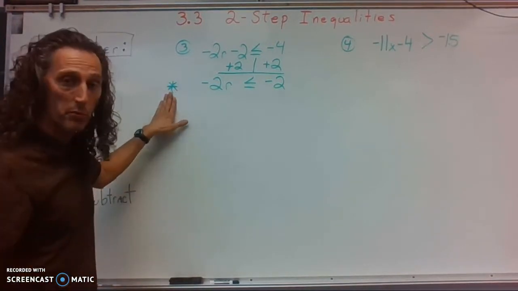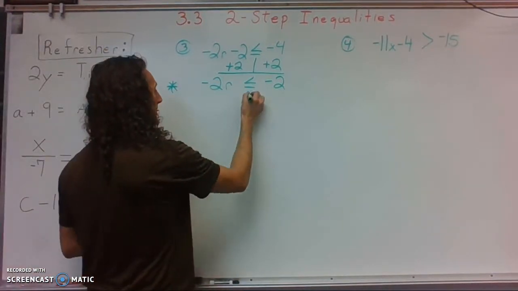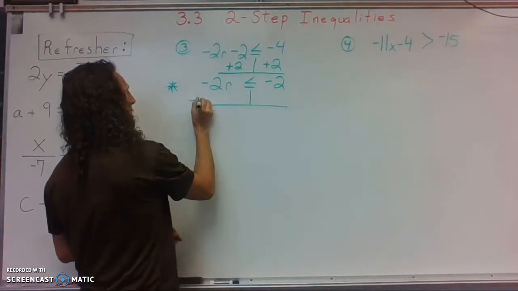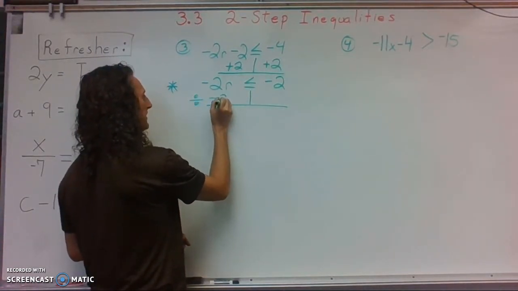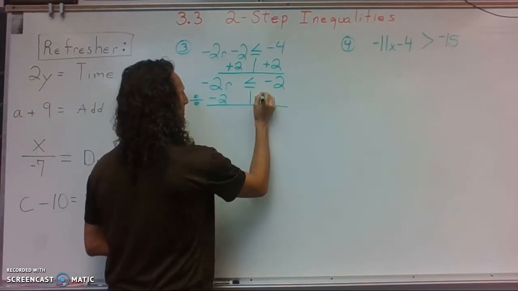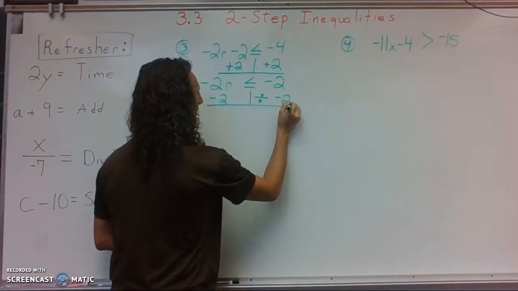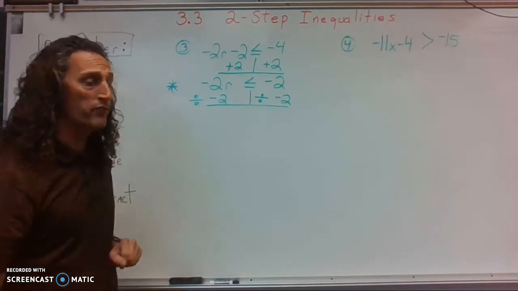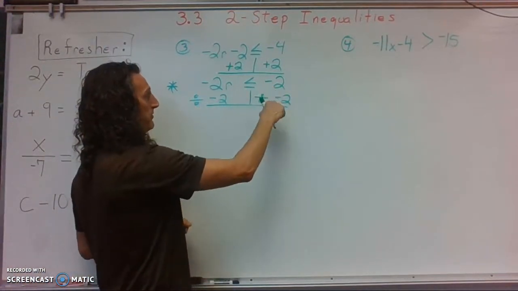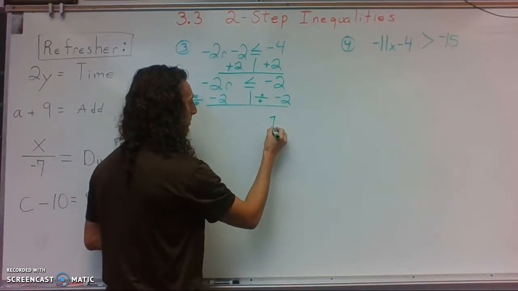So let's put our little mark there. Because what am I going to do? I'm dividing. And what am I dividing by? A negative number. It's basically only when you see a negative number down here that you're going to end up flipping that sign around. So negative 2 divided by negative 2 is actually a positive 1.